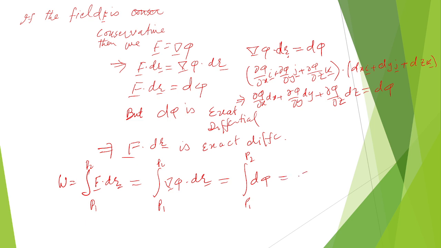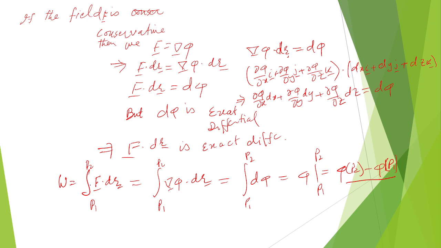So phi from P1 to P2, that means phi at P2 minus phi at P1. This is the work done by the field.